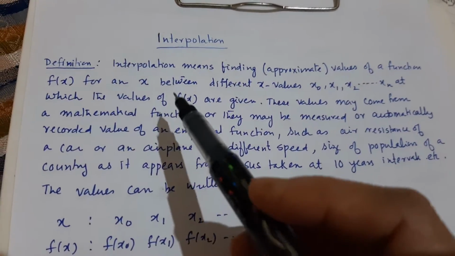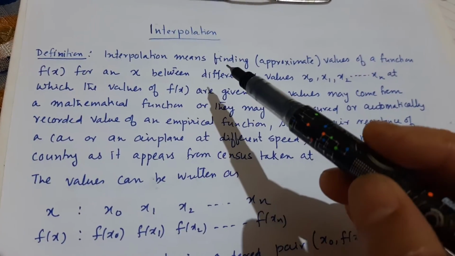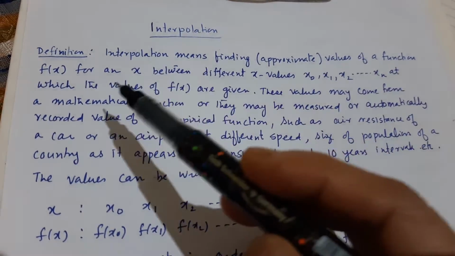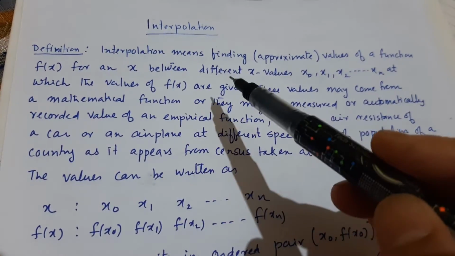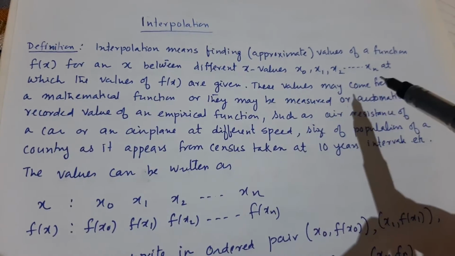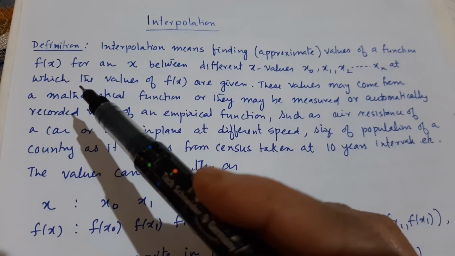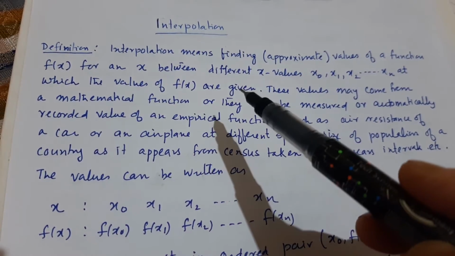So if I give a definition, interpolation means finding an approximate value of a function f of x for any x between different x values x0 to xn, at which the values of f of x are given.